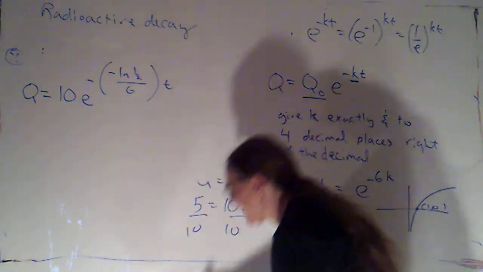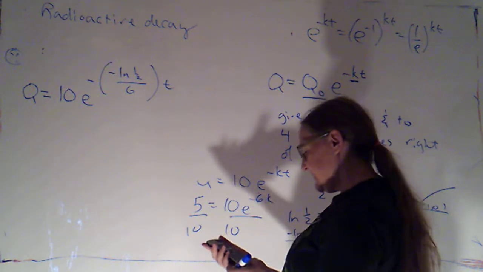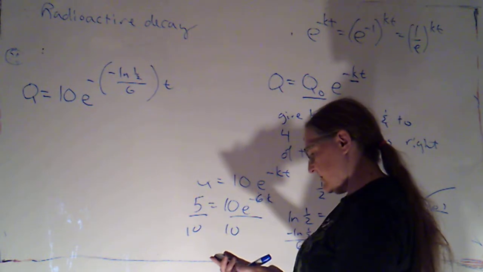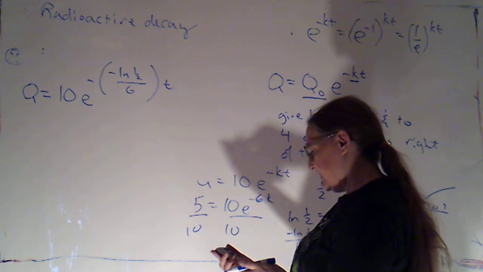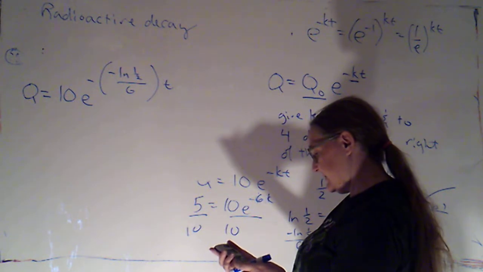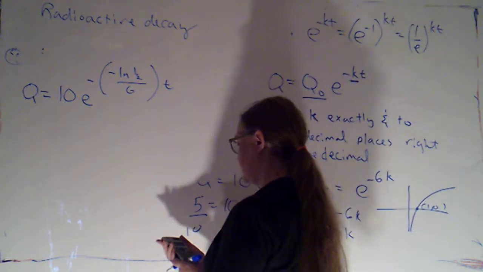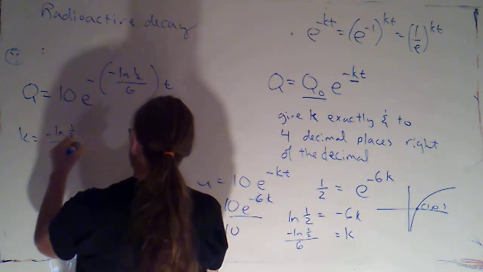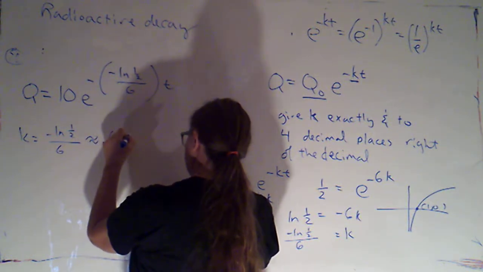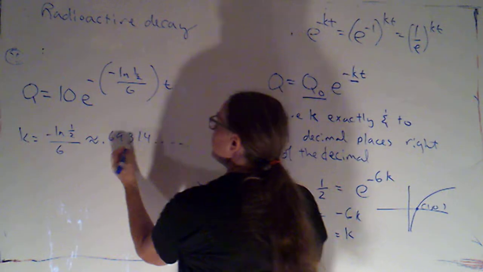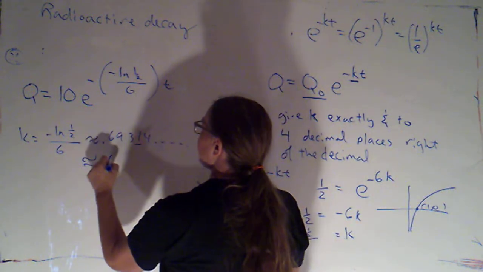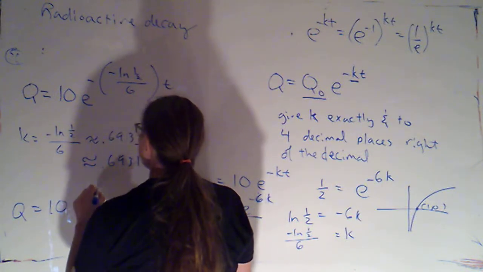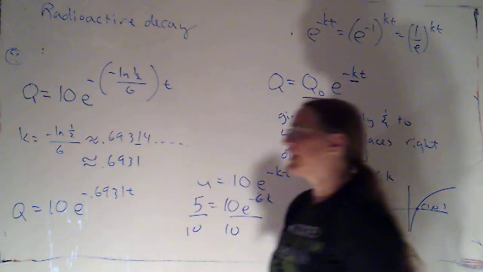If I wanted to get a decimal approximation of that, k was negative natural log of 1/2 over 6. That's approximately 0.69314, and so on. If I'm rounding to 4 places, that would be approximately 0.6931. So I would say Q is 10 e to the negative 0.6931 t.